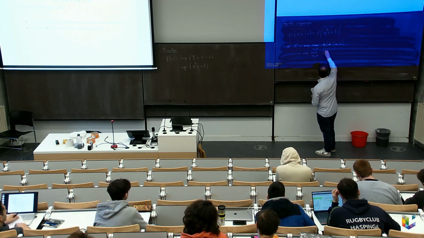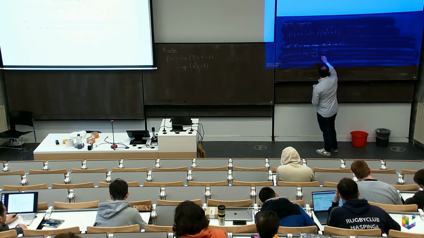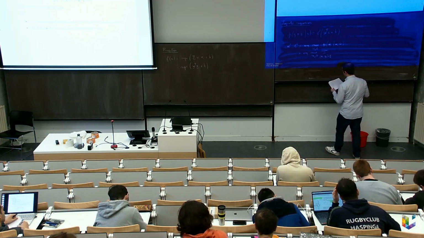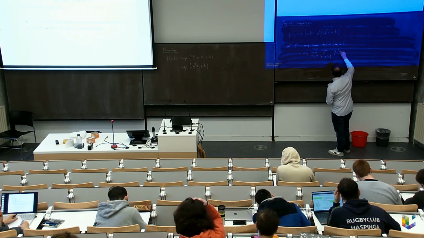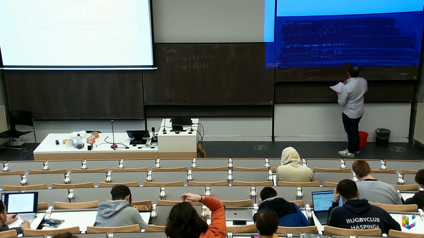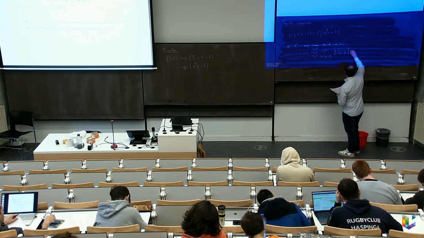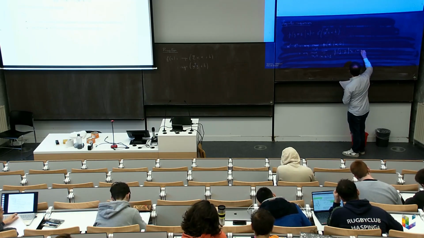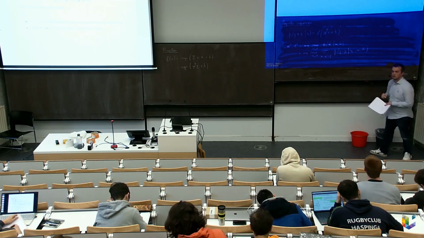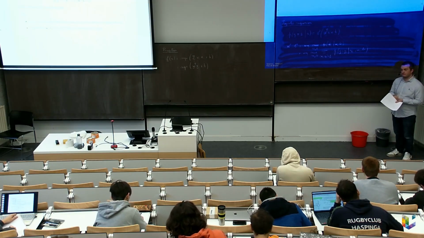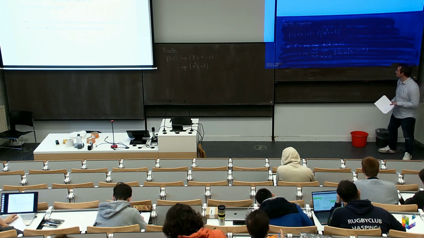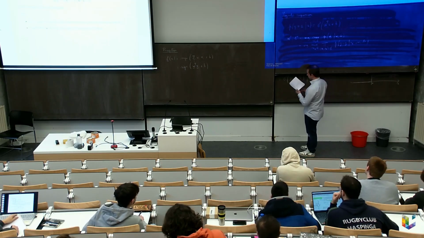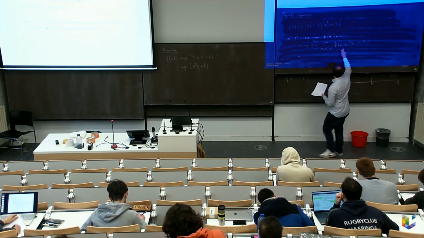So I have a big product over the elements xi, yi in D of the probability of Y taking the value yi given xi and given W and B. What is P of y given x?